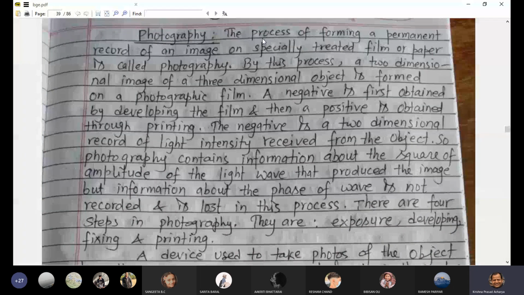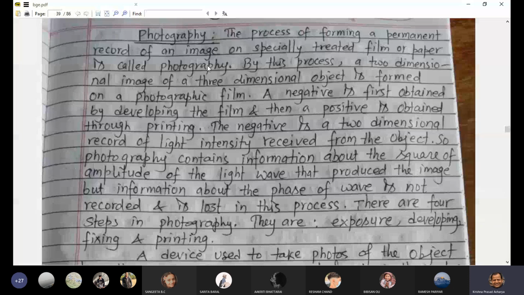So what is photography? Photography is the process of forming a permanent record of an image on a specially treated film or paper, which is called photography.